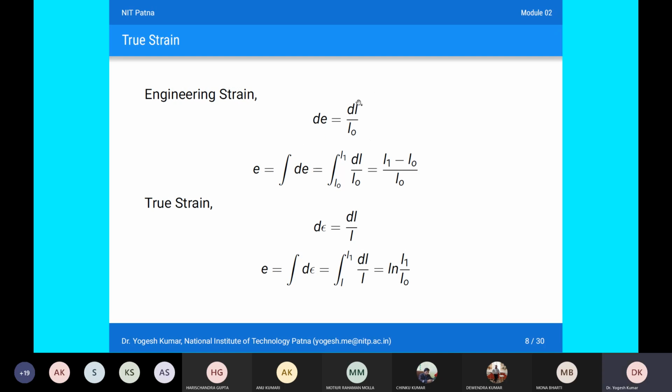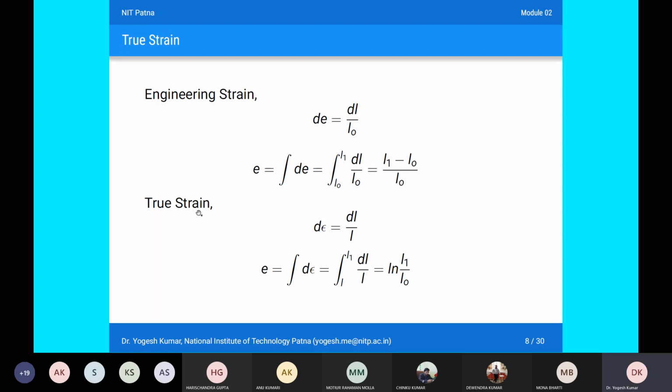To calculate the total strain for the total change in length, from LO to L1, we can integrate this strain, de, over the limit 0 to e, where e is the strain at the length L1. So we integrate LO to L1 DL over LO, and you get this term, L1 minus LO over LO, in the case of engineering strain.